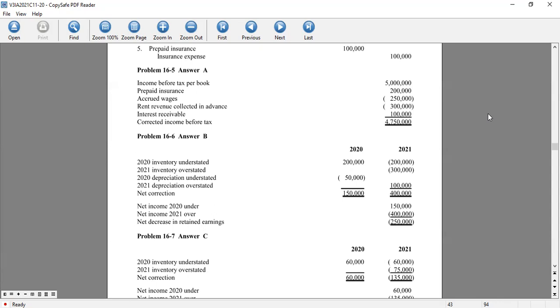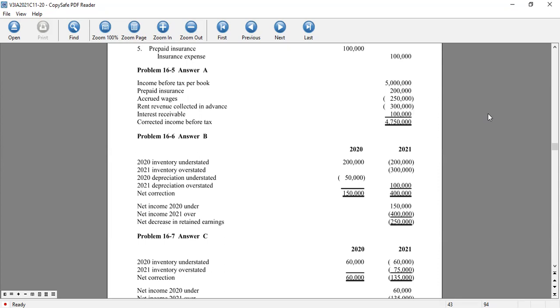Then we go to number 6. The problem is at what amount should retained earnings be retroactively adjusted on January 1, 2022. Now we have the 2020 and 2021 records of the financial statements.